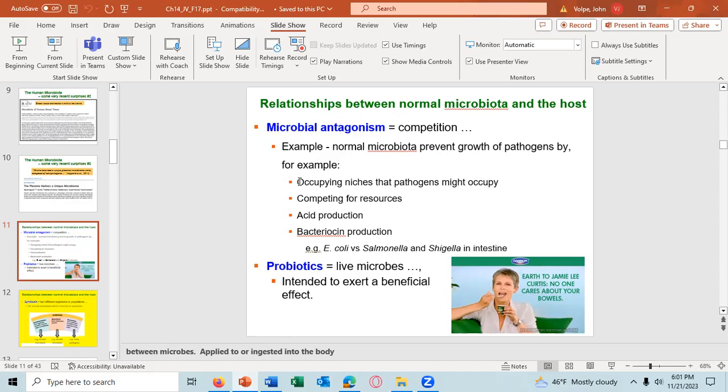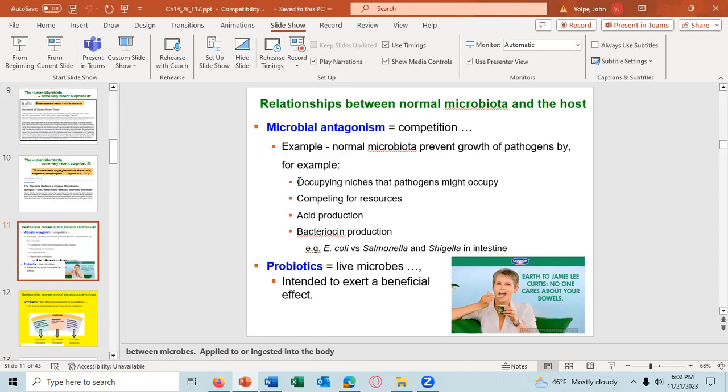And if you have lots of normal microbiota, and then the human pathogen comes down, it may have no room to grow. Or maybe the normal microbiota have used up all the resources in the region, so then the human pathogen cannot grow, cannot reproduce, and will eventually die.